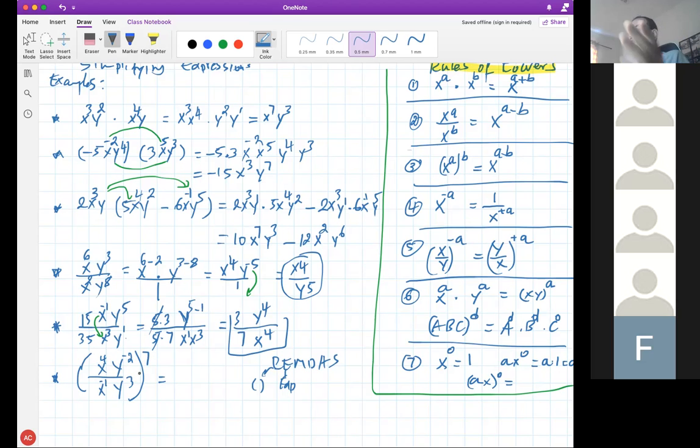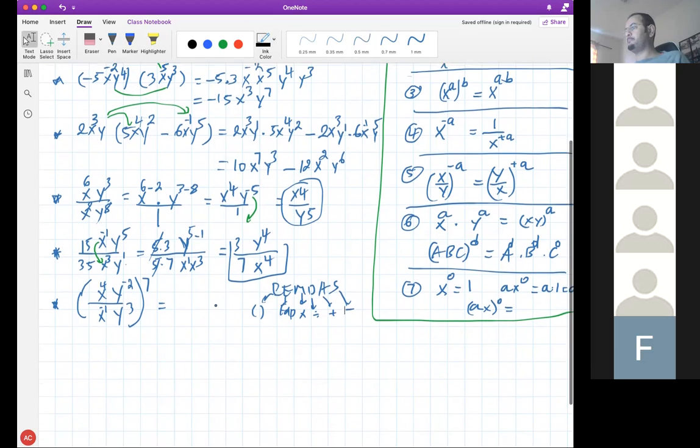That's redundant, long work; we would rather work inside first. Then exponents, and of course M is for multiplication, D for division, then addition and subtraction. This is the order in which you do operations. If you have multiple operations together, always start from the parentheses first, then you go to the exponent. So I'm going to do this first before we do the exponent.